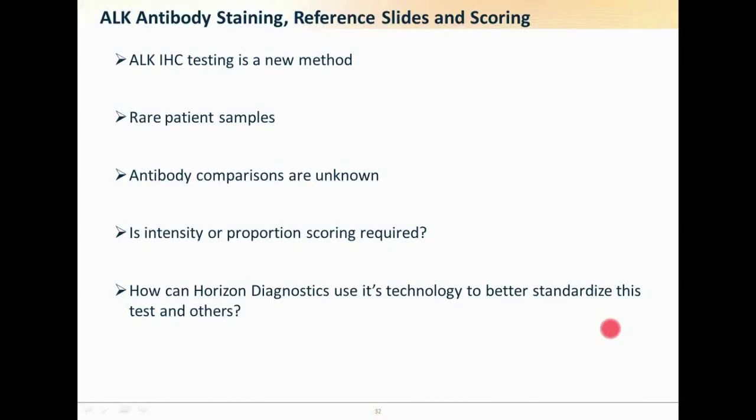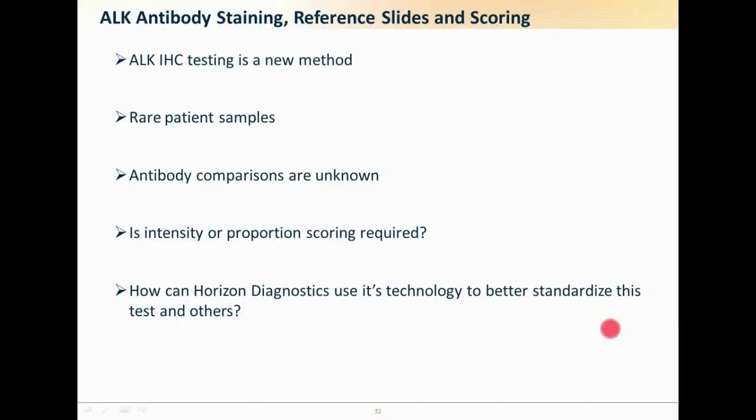What I would say is definitely an opportunity for you guys who are running this test, maybe not the ALK test, but other IHC tests: if there are no guidelines right now, you can start to use reference slides and gather information about the test you're running.